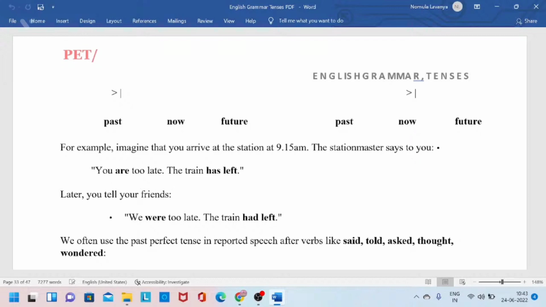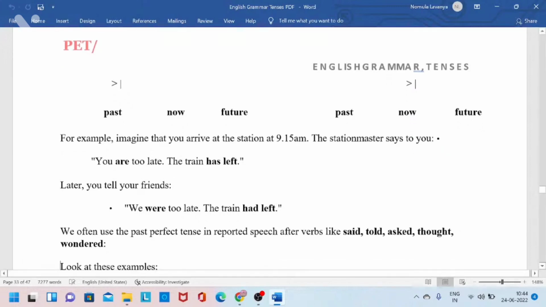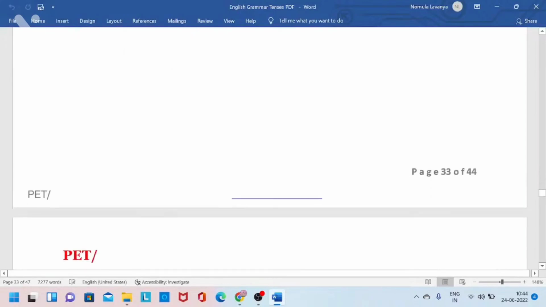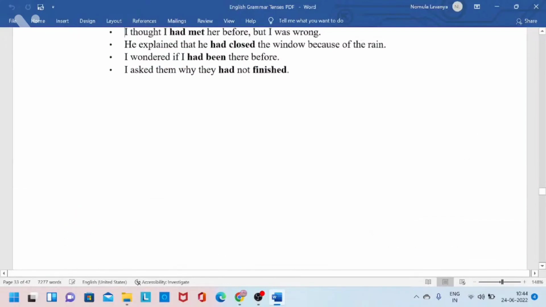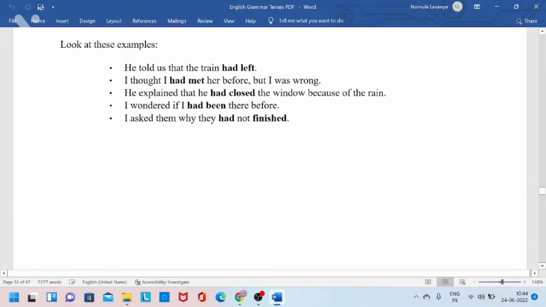We often use the past perfect tense in reported speech after verbs like said, told, asked, thought, wondered. These are the verbs. So look at the examples now quickly. He told us that the train had left.